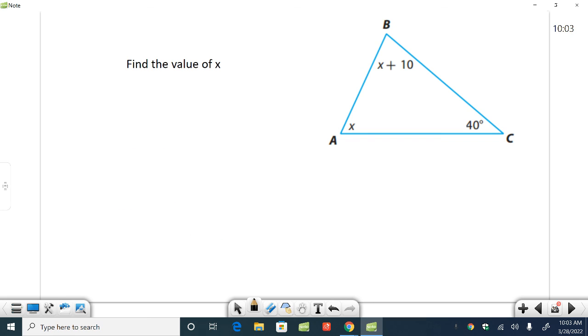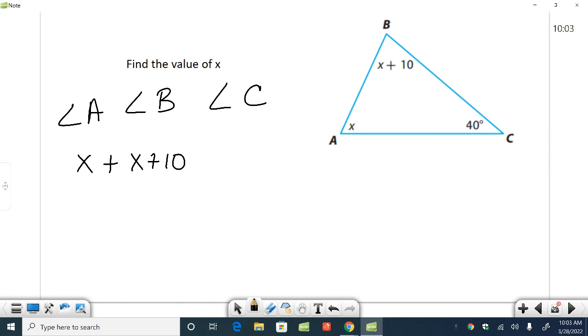So now we're finding the value of x. So angle A is x. Angle B is x plus 10. And angle C is 40. So all those angles inside need to equal what?